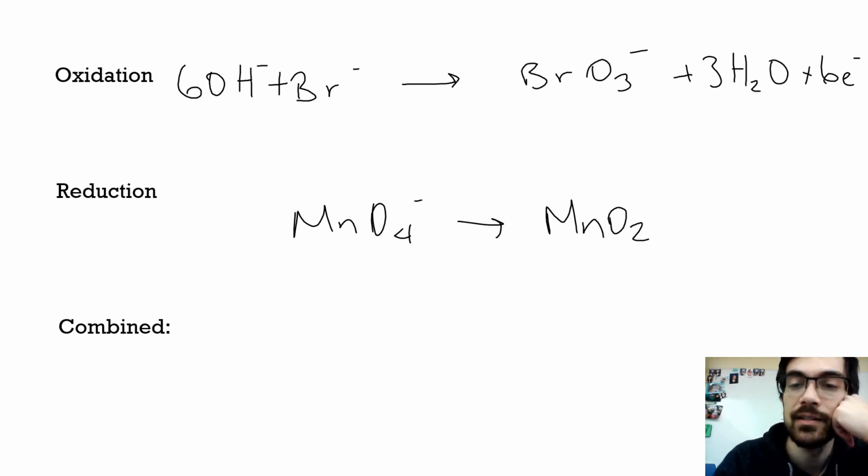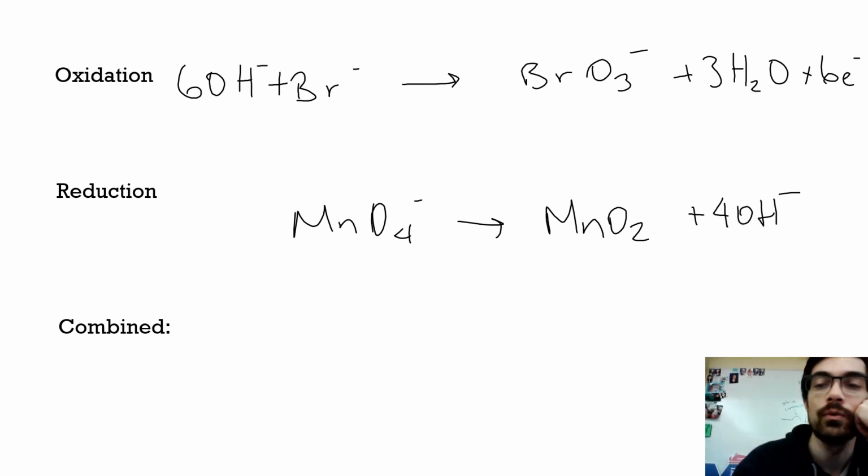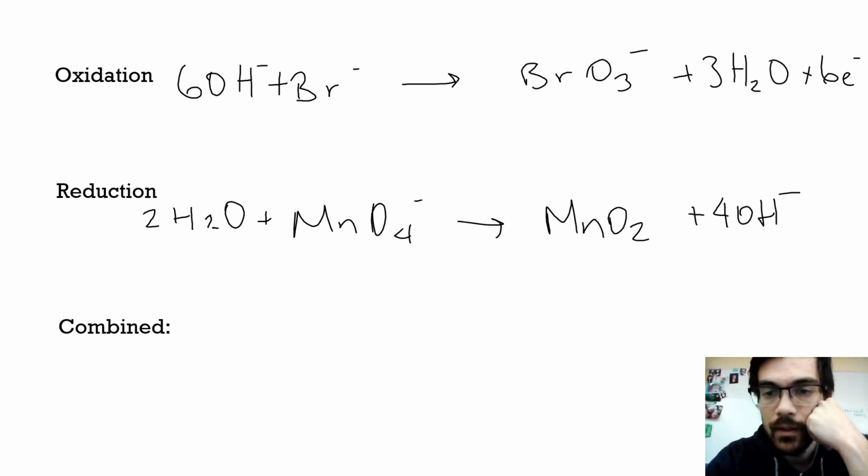In this case, we're missing 2, so let's add in 4 hydroxides. So 4 OH. That means on the left side, we would have needed 2 water molecules. So now our oxygens are balanced, our hydrogens are balanced.